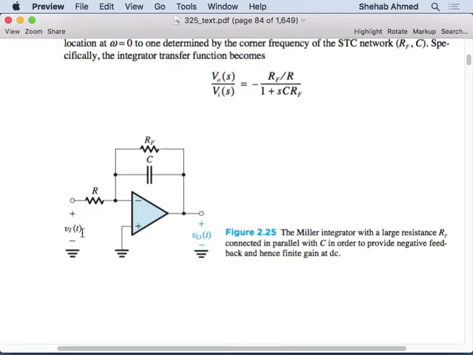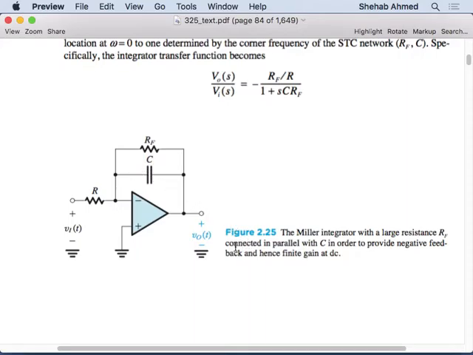Assuming this is a DC value, then this is a DC current. This DC current comes into a capacitor. A capacitor is basically an open circuit for DC, right? So it's like having an open circuit here.